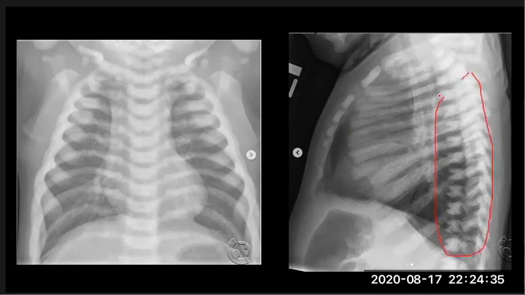Rugger jersey spine. Rugger jersey sign, okay, very good. Rugger jersey or sandwich vertebra, what do you think? Sandwich vertebra, okay.